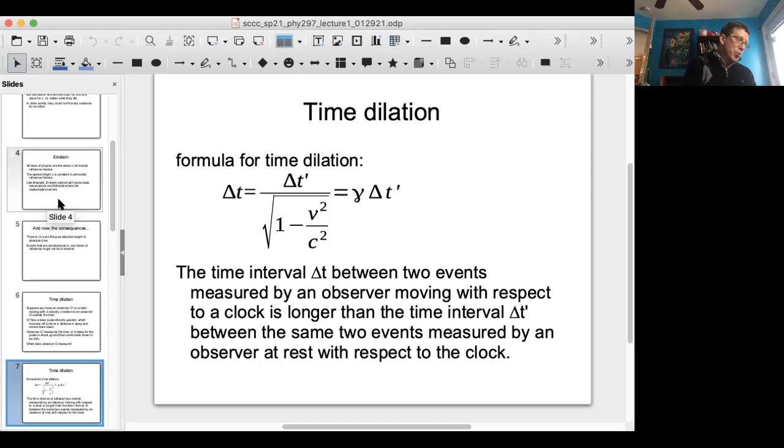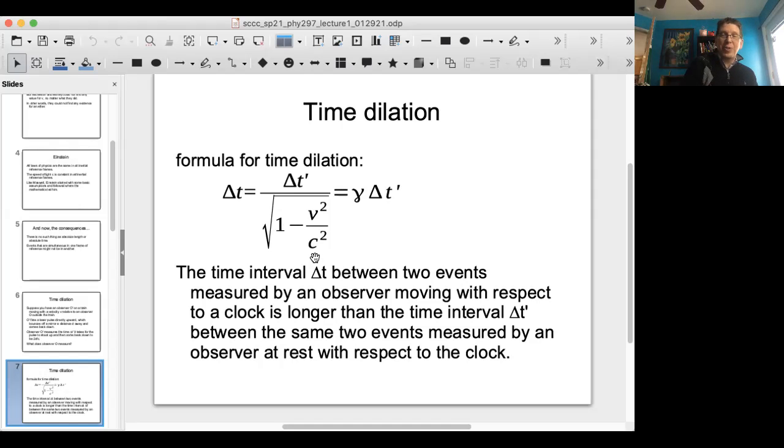The observer on the train that's moving at a relativistic speed sees a smaller time than the observer outside the train. The factor involved is 1 over the square root of 1 minus v squared over c squared, where c is the velocity of light.